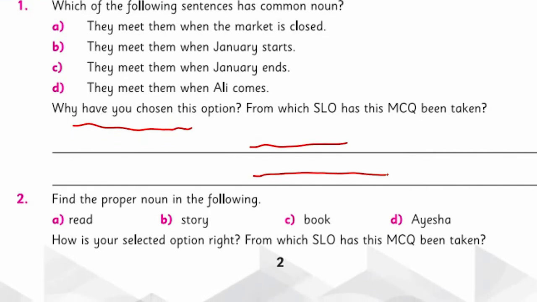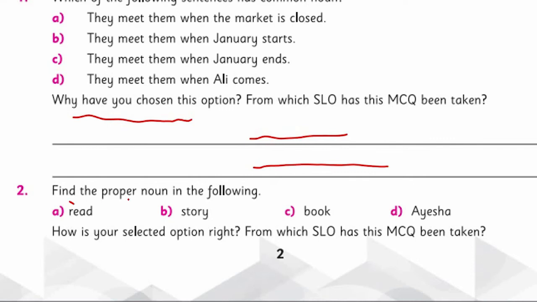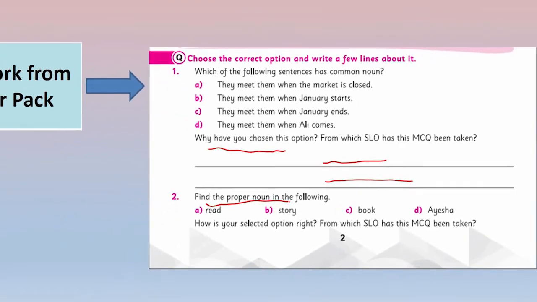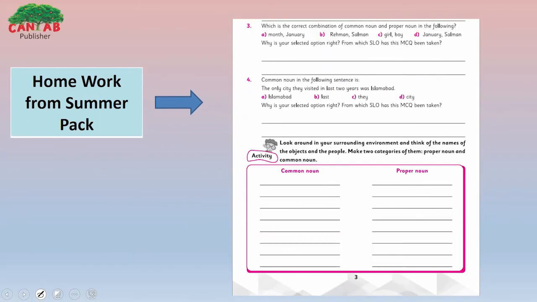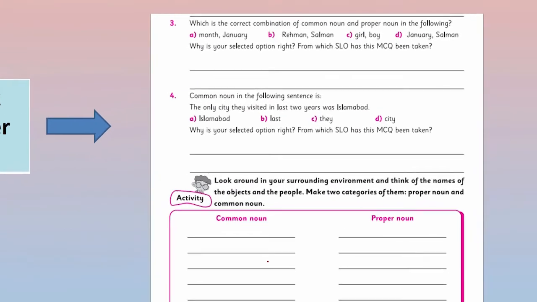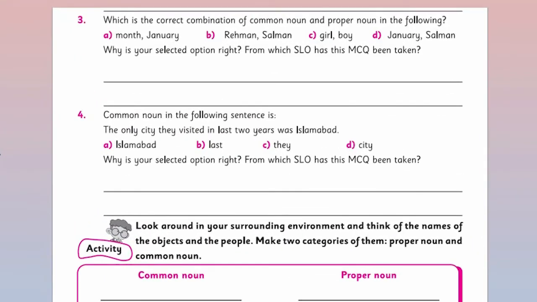Look at the second one. Find the proper noun in the following. Read story book Aisha. Look at page number 3 of your summer pack. Which is the correct combination of common noun and proper noun in the following? You have to choose the right option, the combination of both common noun and proper noun.